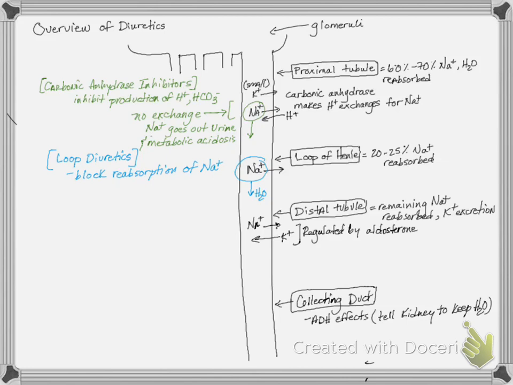Next one we're going to talk about, let's make this one red. So we're going to talk about potassium sparing diuretics. It's going to block the aldosterone receptors.